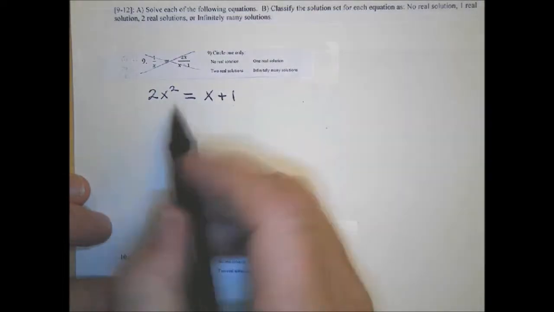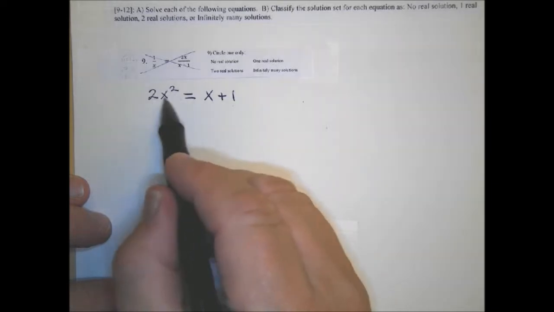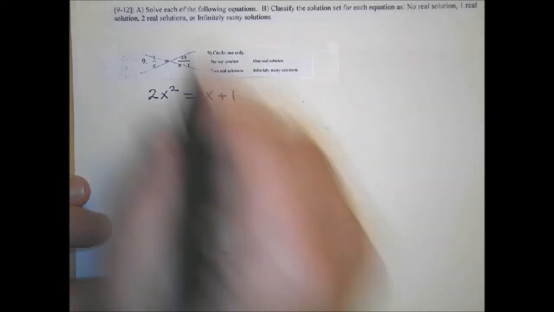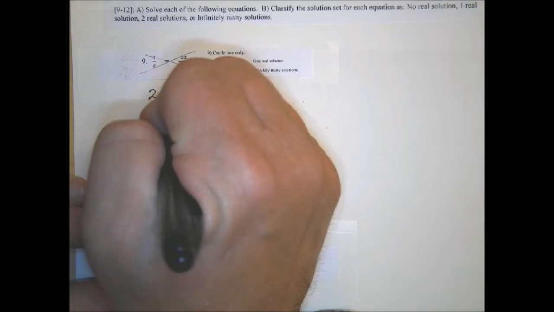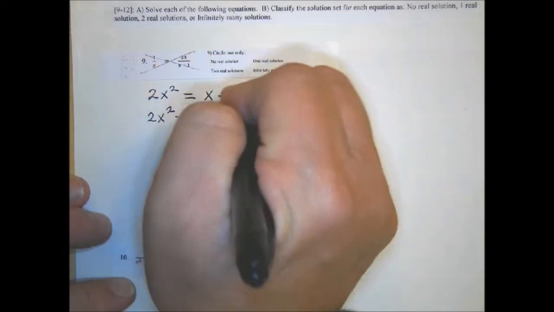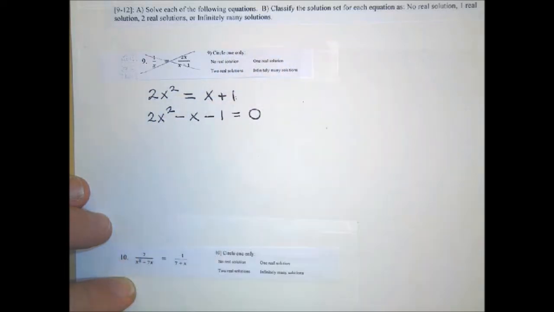So that's going to be the start of my answer. But it is a quadratic, so I want to set it equal to 0. My 2x squared is positive, and that's the way I like it. So I'm going to bring the x plus 1 over to the left-hand side. So the 2x squared stays. This becomes minus x. This becomes minus 1 equals 0.